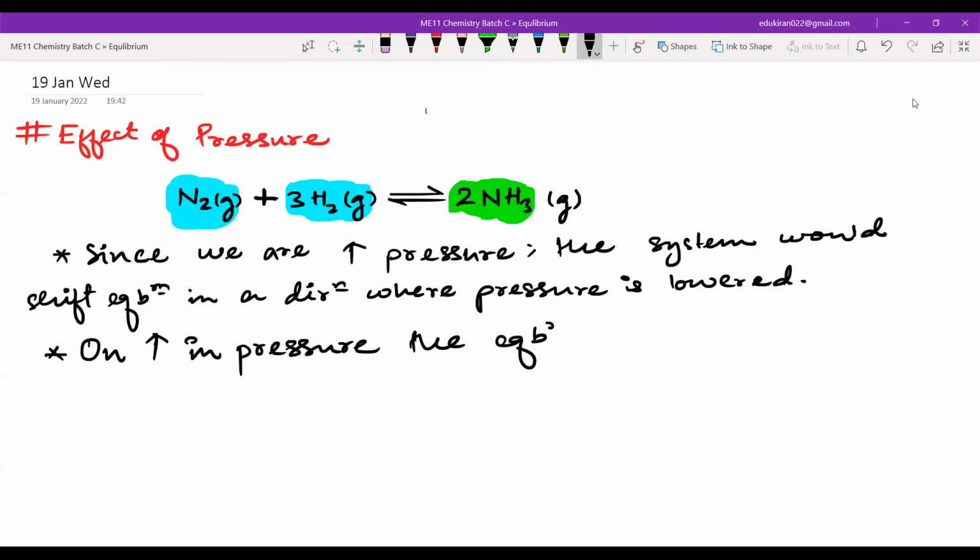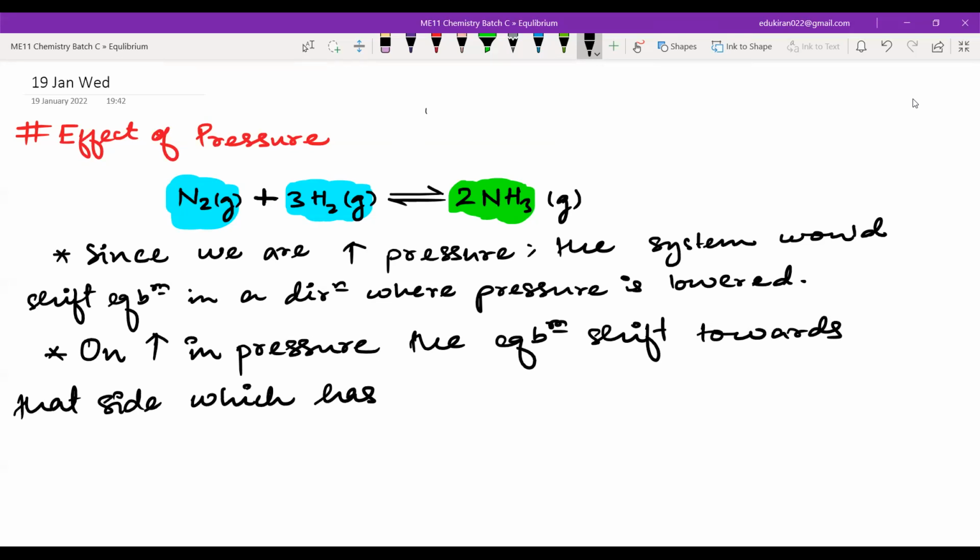So you can say, on increase in pressure, the equilibrium shifts towards that side which has fewer moles of gas, and vice versa.